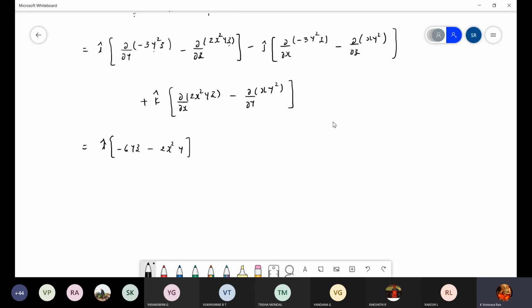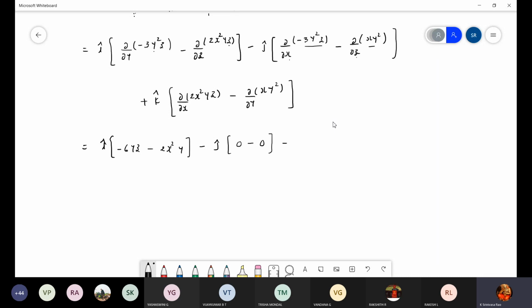Is it right? Minus j cap into with respect to x, no x here. You can see all the terms are constant, therefore the differentiation is 0. Similarly, with respect to z, there is no z here, so this is also 0.